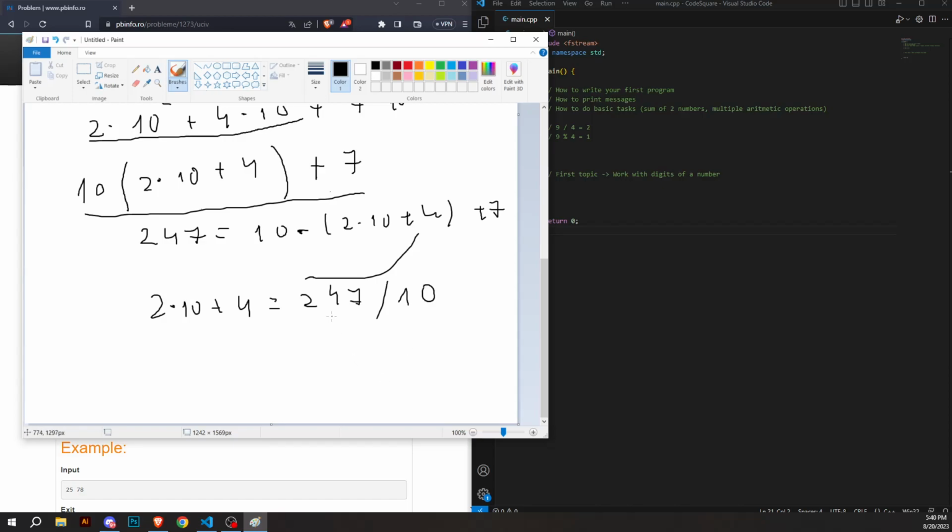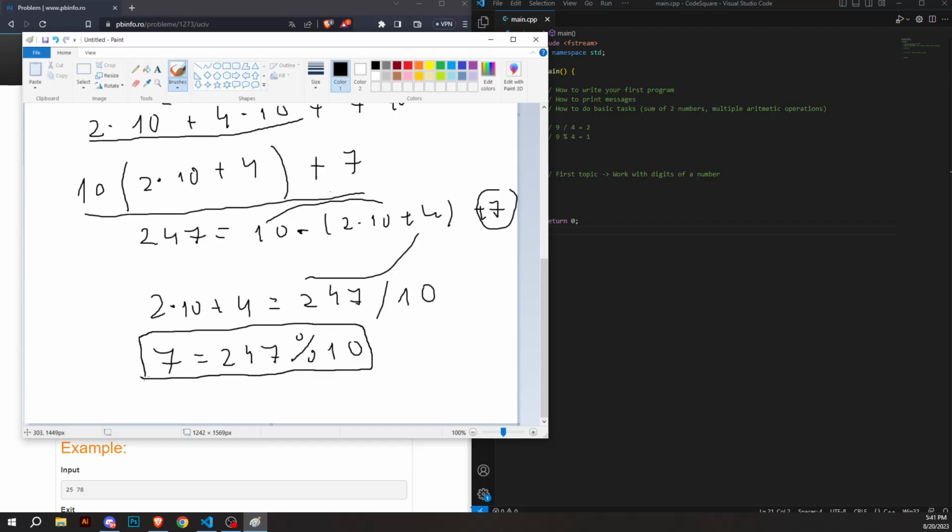And this 7, because this is the division, will be actually the remainder. So this is 247 modulo 10. And that's it. This is how we are finding out the 7.